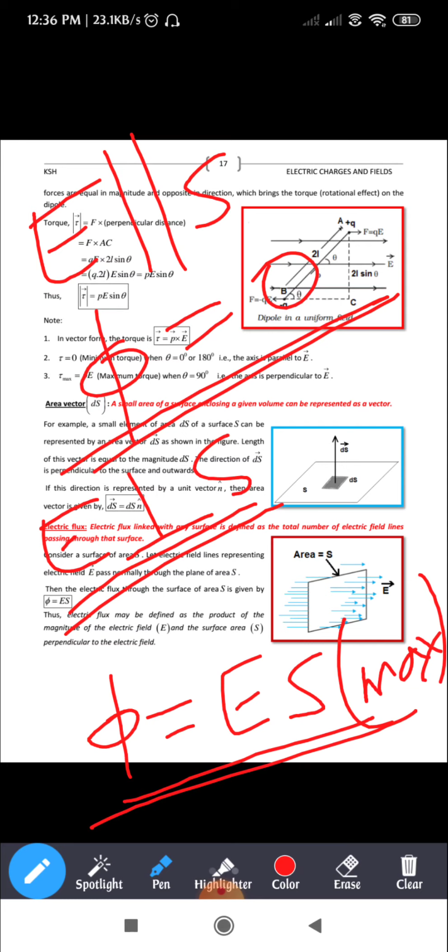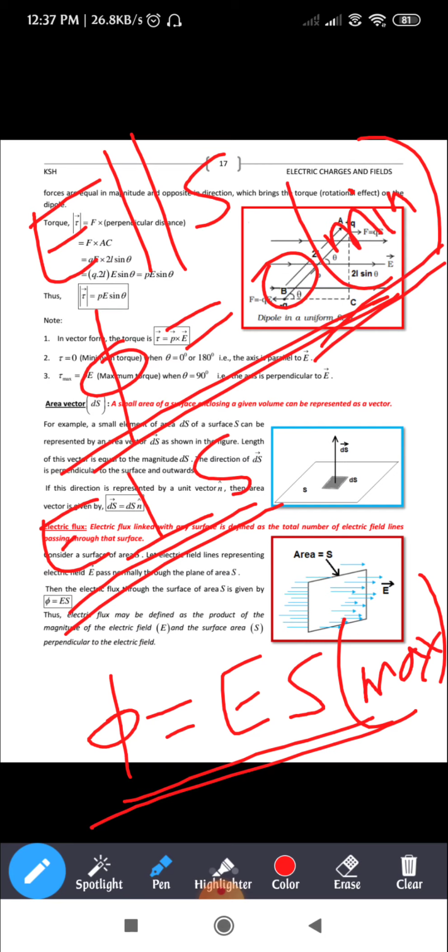What happens? No electric field lines pass through the given surface. So the electric flux comes out to be 0, and we say that it is minimum. So this is regarding the electric flux.